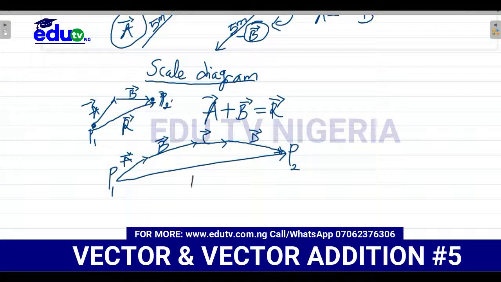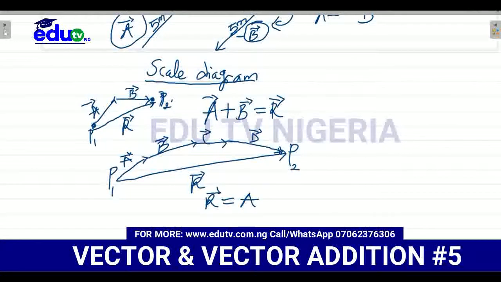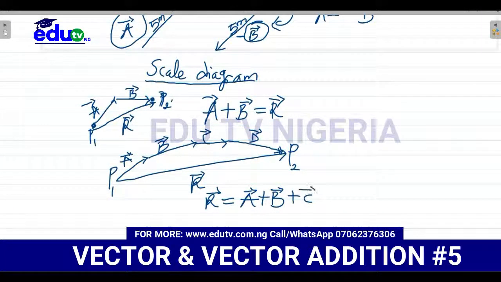So let's call this one R. Displacement is a vector, so we can represent it with R, which is the displacement between P1 and P2, and gives us the resultant of the following vectors.